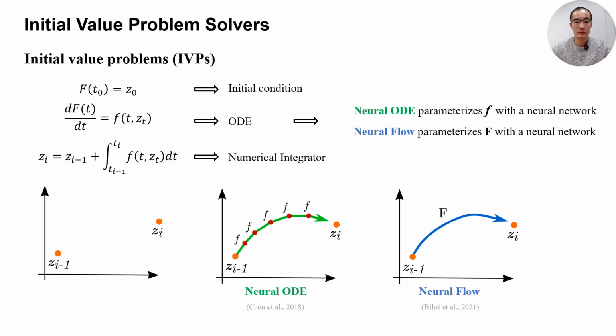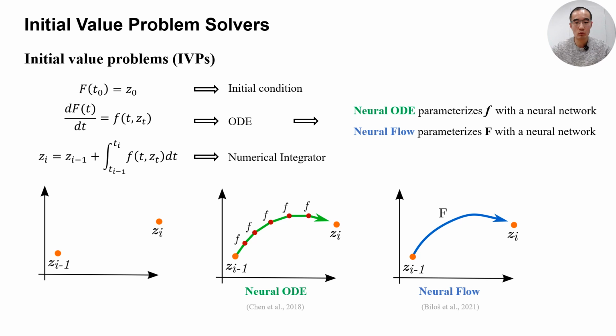Some recent research has tried to propagate hidden states continuously by solving initial value problems and proposed neural ODE and neural flow. An initial value problem is an ordinary differential equation together with an initial condition. When solving IVPs, neural ODE parameterizes the derivative with a neural network.